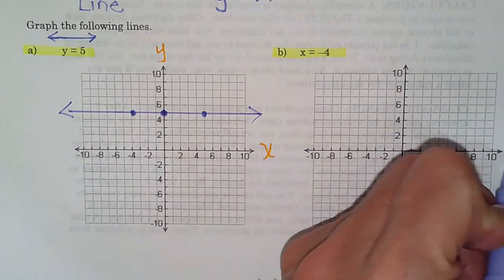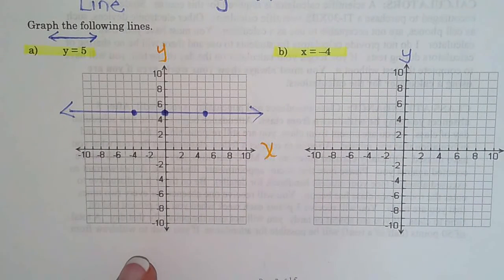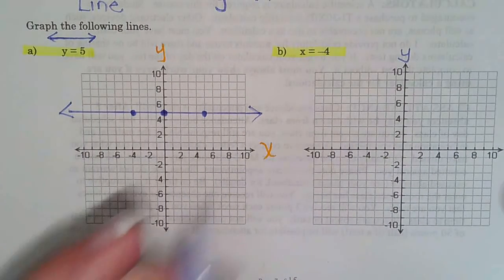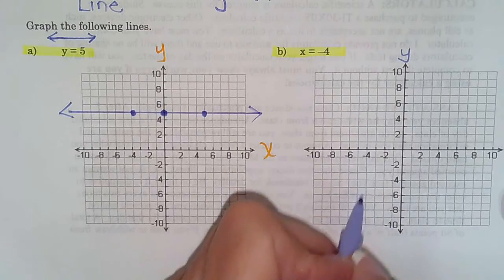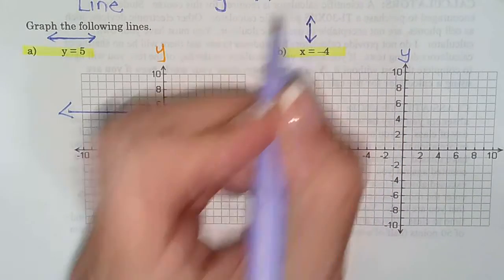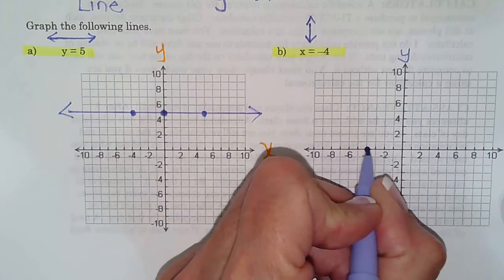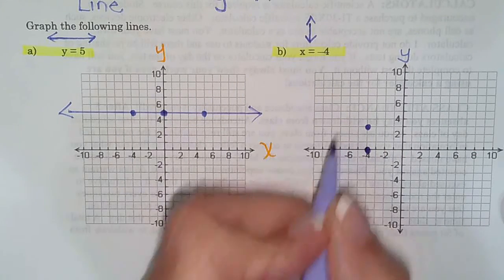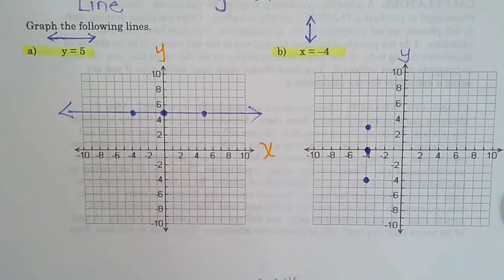And then last, x equals -4 means it goes only through the x-axis. Any line that only passes through the x-axis is vertical. So if it goes through the x-axis only, then I could pick 2 other random points on either side, and there it is.